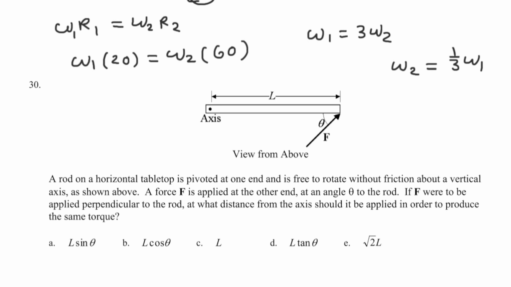A rod on a horizontal tabletop is pivoted at one end. We're applying a force at the other end to produce the same torque. We're just trying to figure out where we can place this force F to get the same effect as what's going on right now.